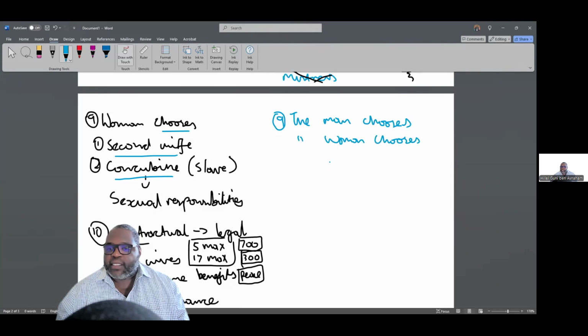So they make a choice among themselves, and all of this is extramarital. It's so important to understand that all of this is extramarital. It's not within marriage. This is outside of marriage. The biblical stuff is inside of marriage.